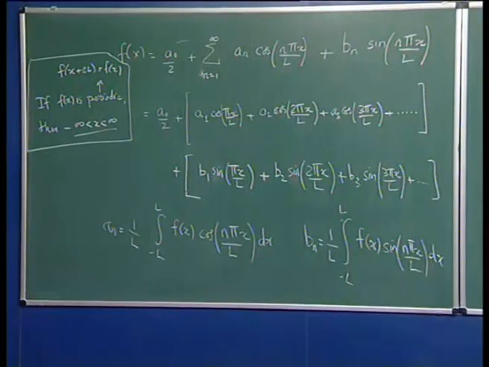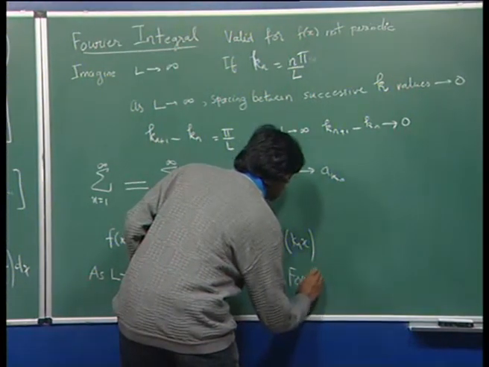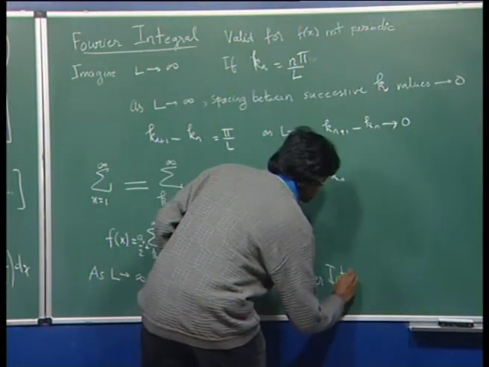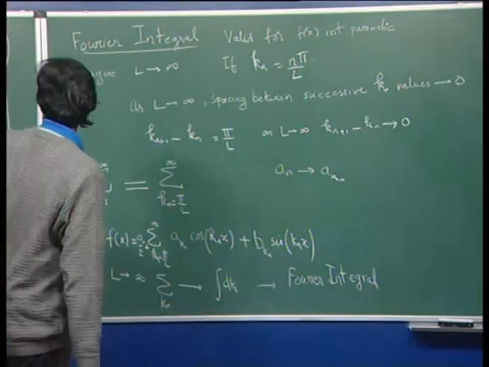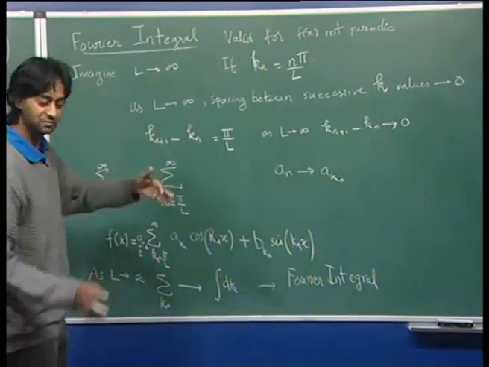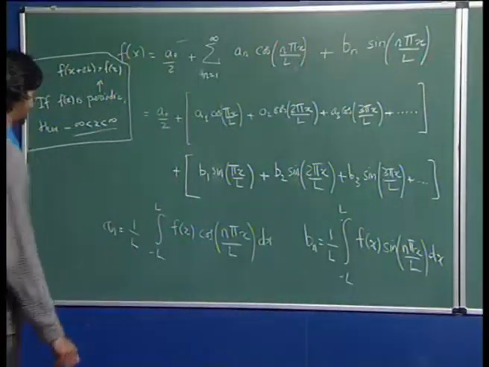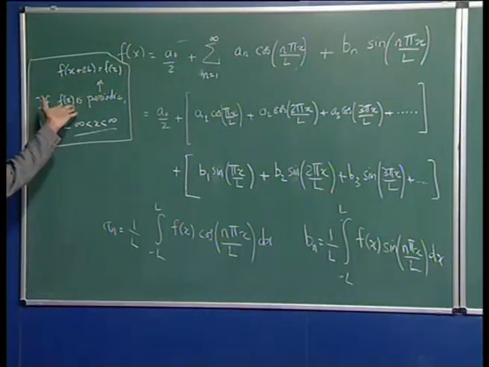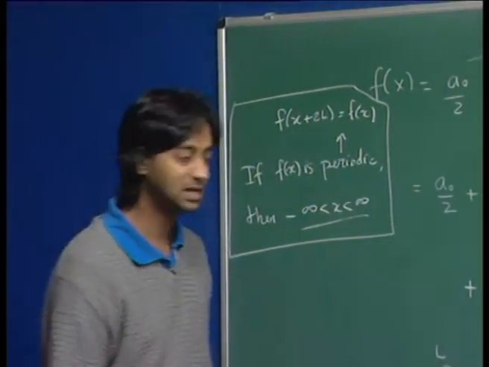I chose to do this in sines and cosines, but I could also do this with the exponential form. The integral representation of this will be called the Fourier integral. Since L is tending to infinity, your range of integration will go from minus infinity to infinity, and you do not need to worry that the function is periodic, because the period is infinity. So it is as good as a non-periodic function.